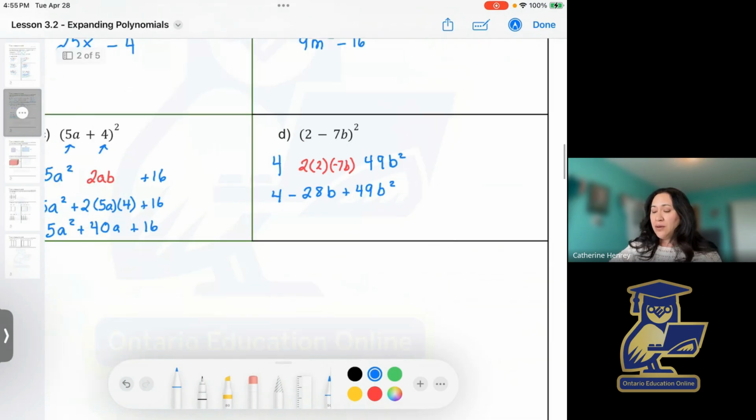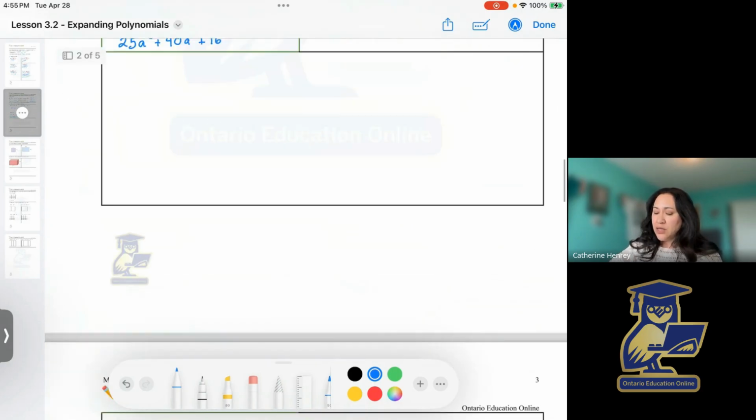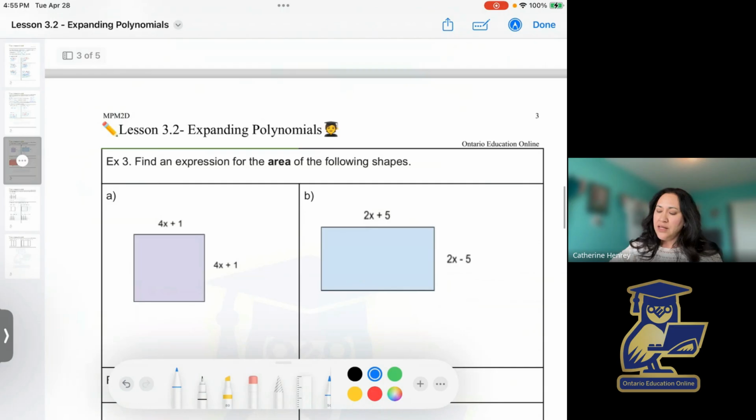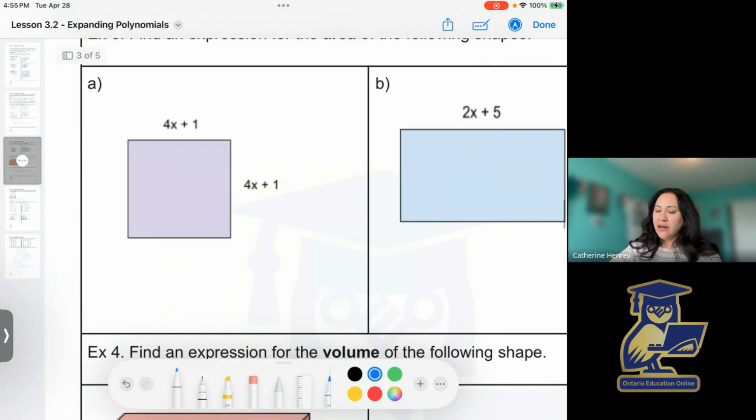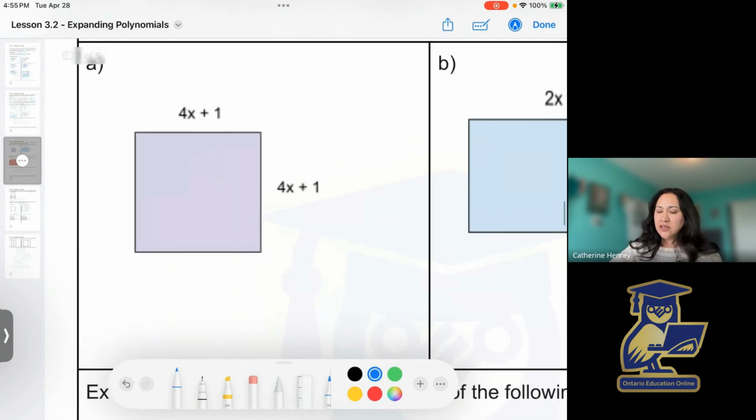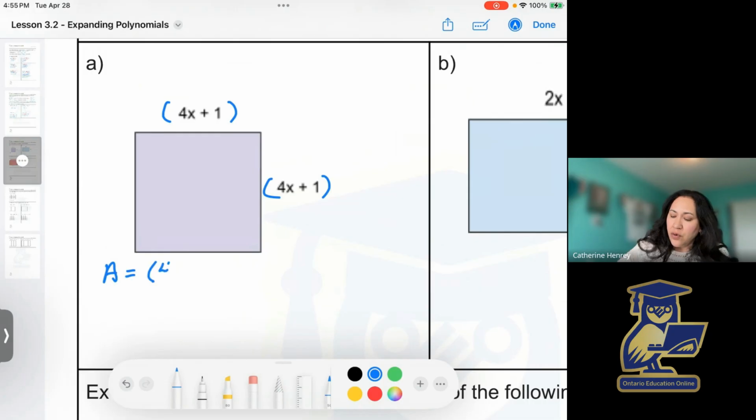So I want to take a look at a couple of application problems. So finding the expression of the area for the following shape. So here we have a square, and the sides of the square are 4x plus 1 and 4x plus 1. Remember, area of a square is side squared. So area here is going to be equal to 4x plus 1 squared. And because this is a square, we end up with one of those special cases.